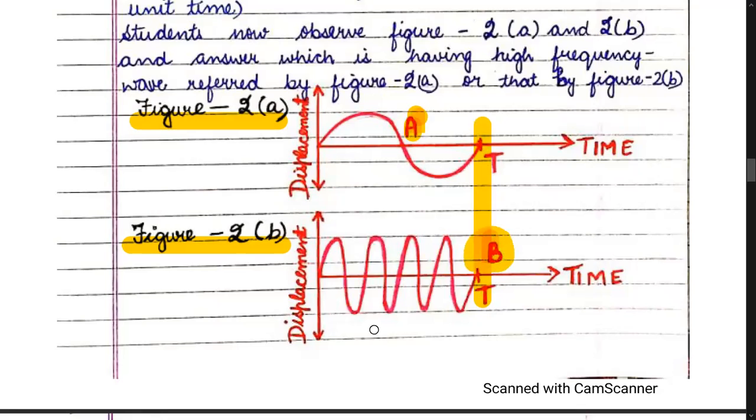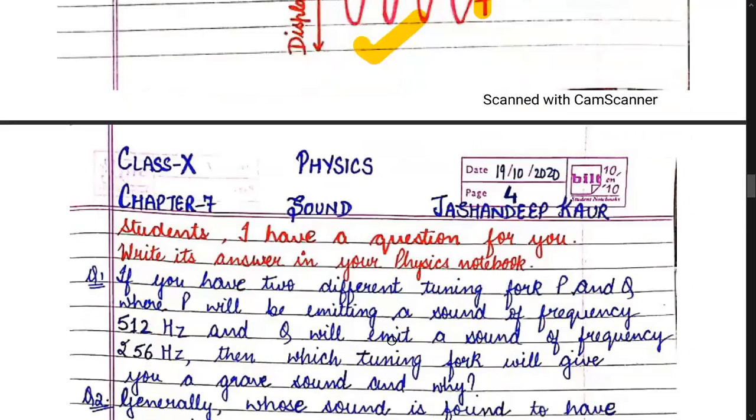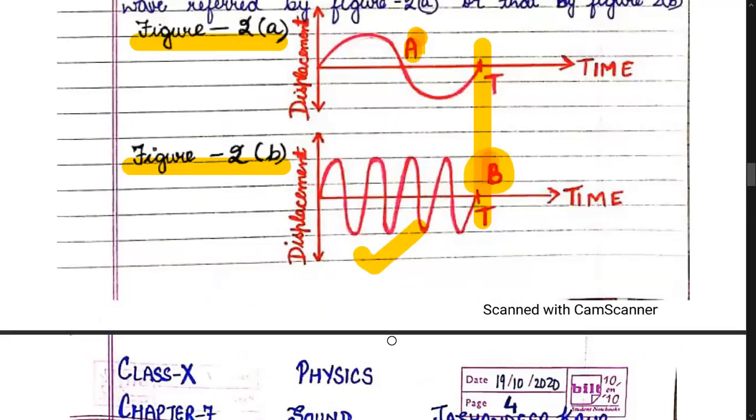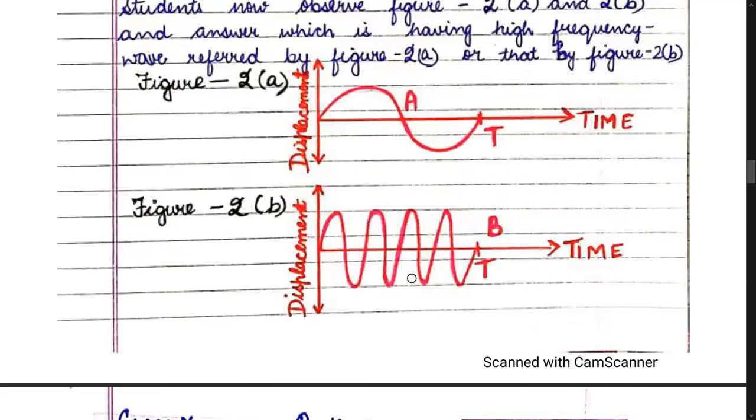The number of vibrations made by B is more as compared to that done by A. Excellent. So out of A and B, B will be giving us a high pitch sound, or you can say a shriller sound.